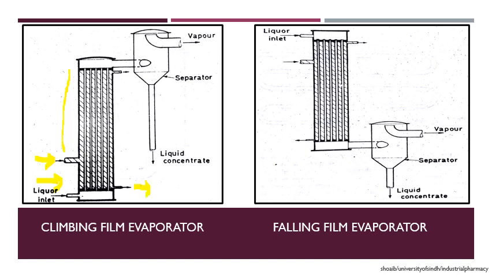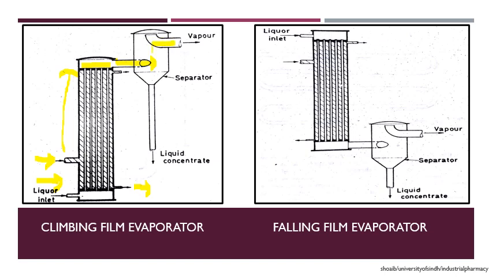Now as the material is heated and the temperature increases, the material to be evaporated moves upward by film formation with a velocity of 6 to 7 meters per second, and eventually goes to this space, and from this space it goes into this vessel. Now this vessel has a separator, which has the ability to separate the vapors.